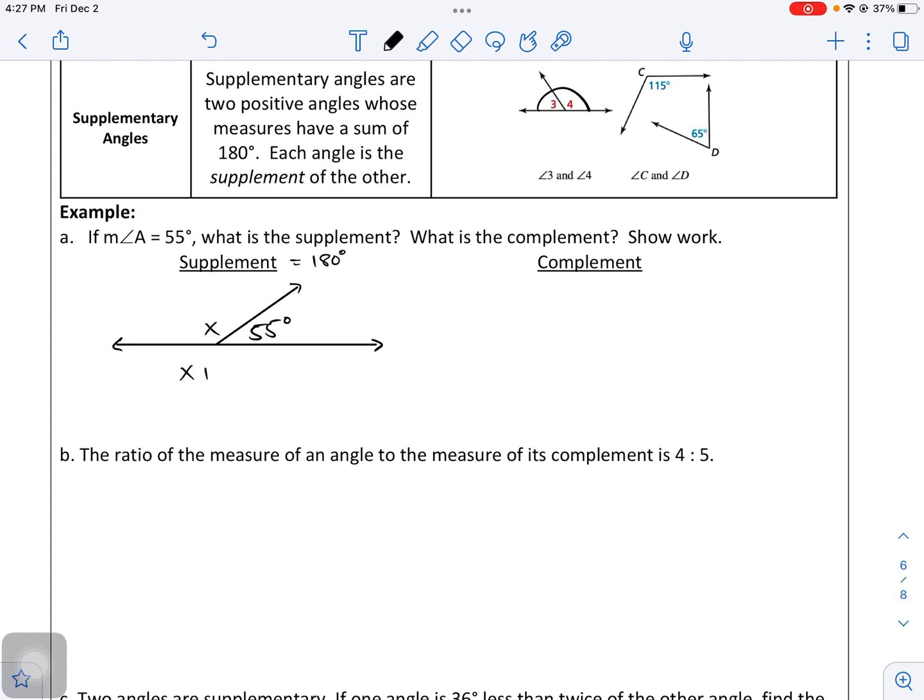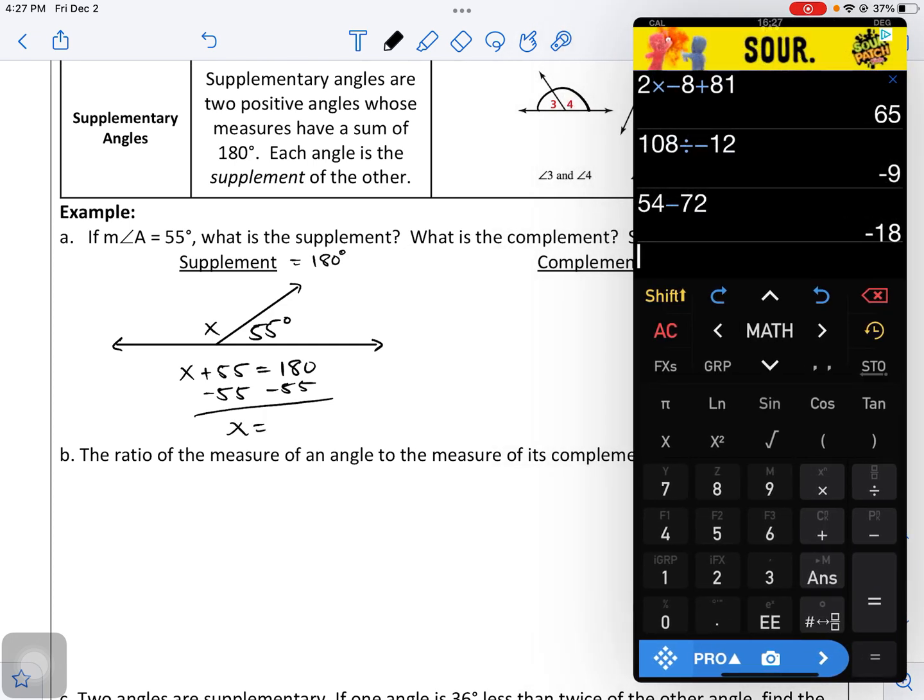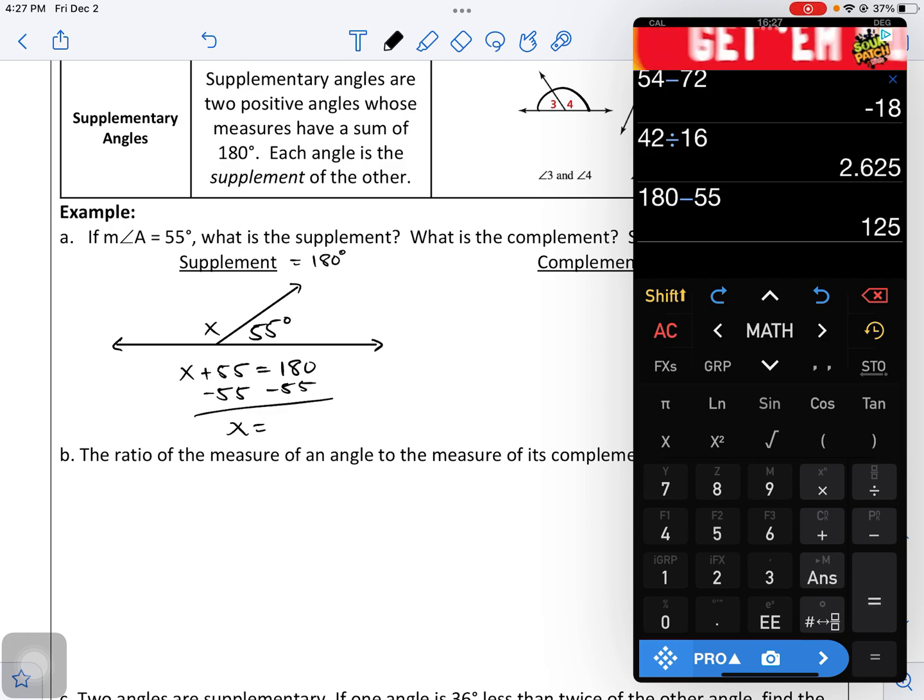This angle plus that angle equals the total, which is 180 degrees. Subtract your 55 to solve for x. You pull out your calculator, you do 180 minus 55, and you get 125. So the supplement is 125 degrees.